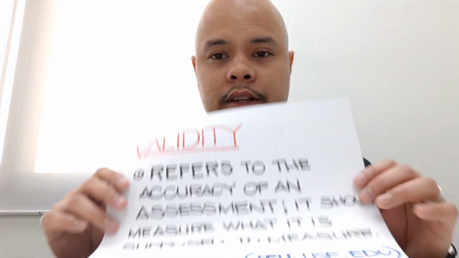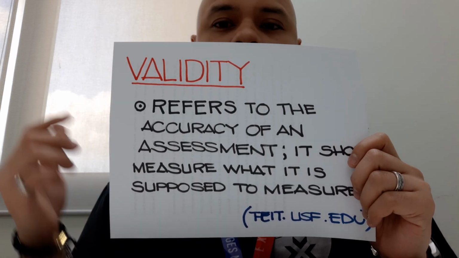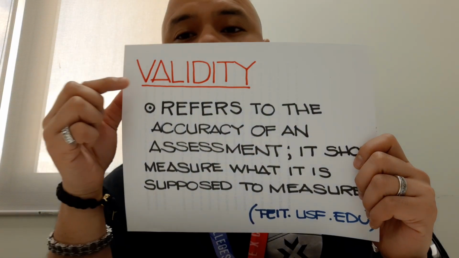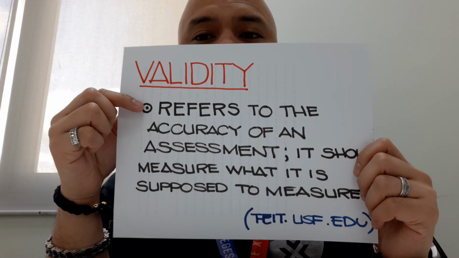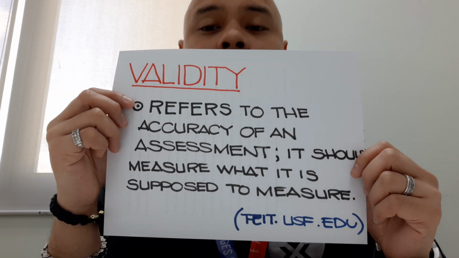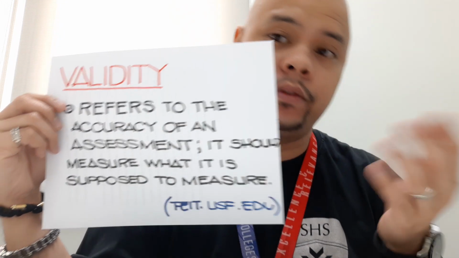Now, whenever you construct a set of questions, there is an overarching concept called validity. Now, in research, validity is mostly used in quantitative research, but validity is a very common thing. It's even used in the field of education. Now, to start the discussion of validity, according to TCIT, usf.edu, validity refers to the accuracy of the assessment, or in this case, your interview guide.